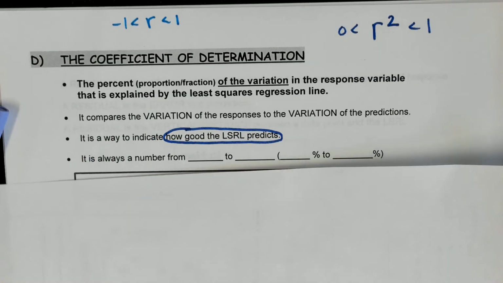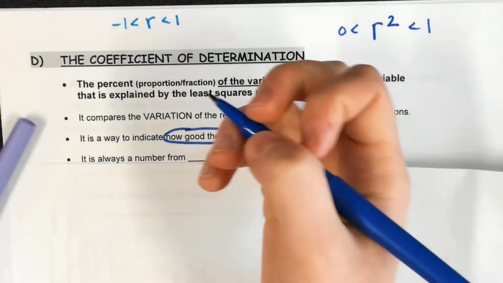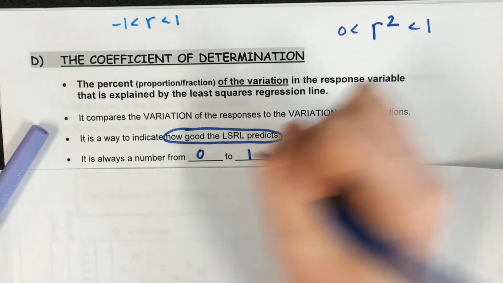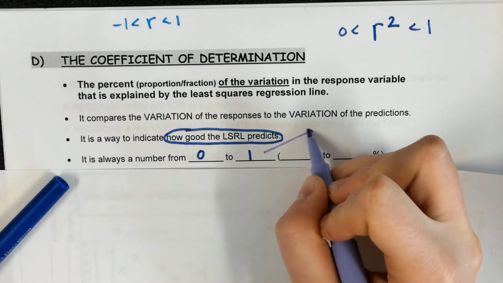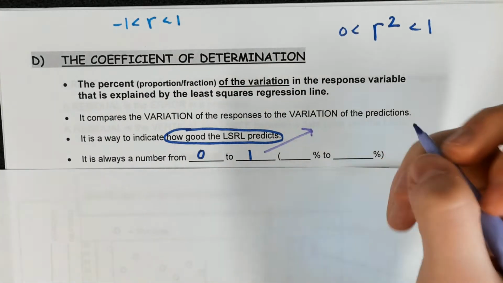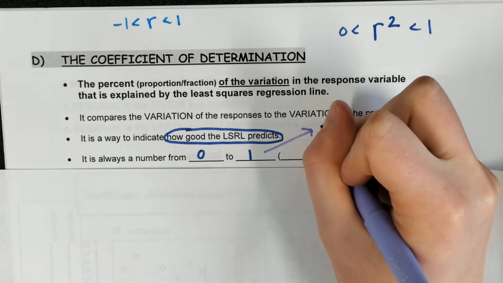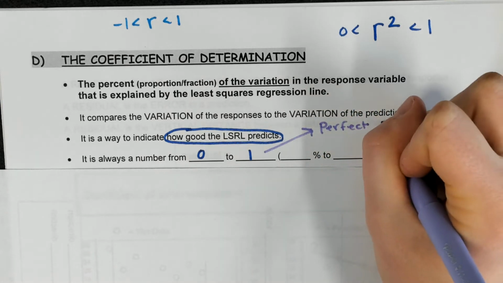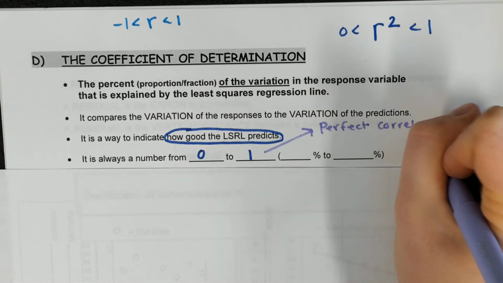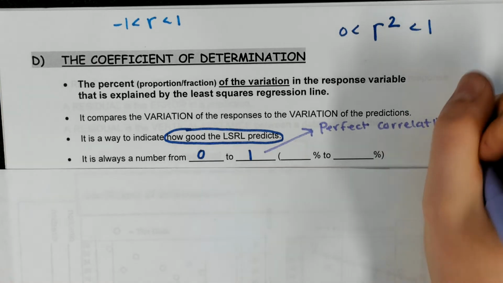So really what this is saying is we can have a number from 0 to 1 that is our coefficient of determination. If we have a coefficient of determination of 1, that means there is a perfect correlation, or a perfect line.